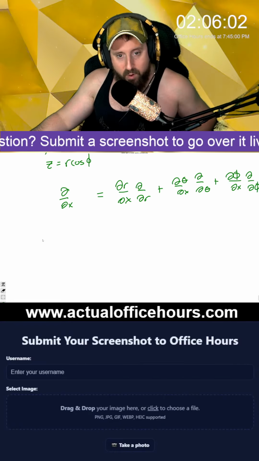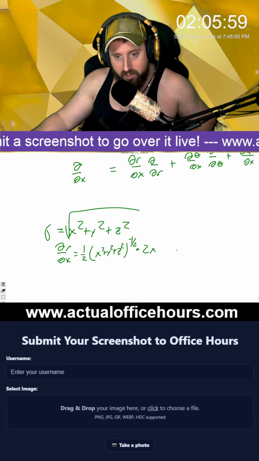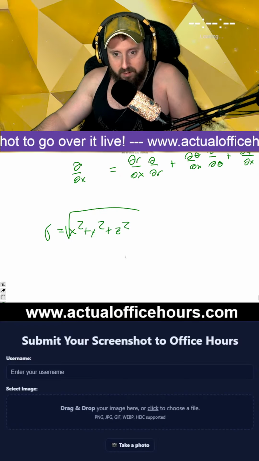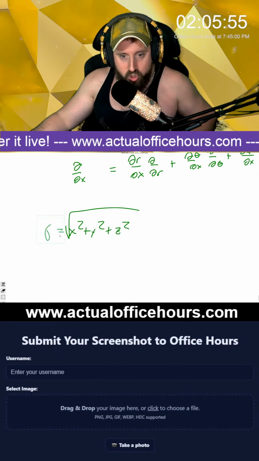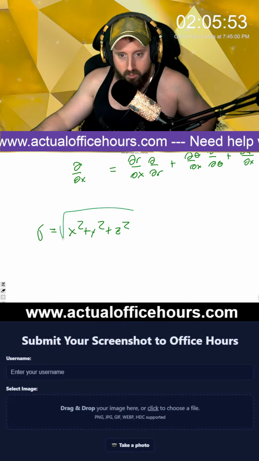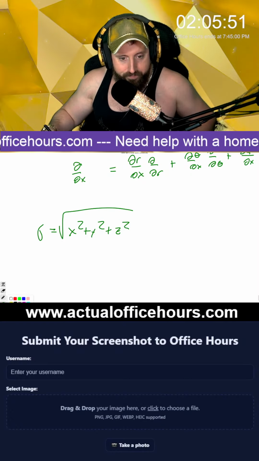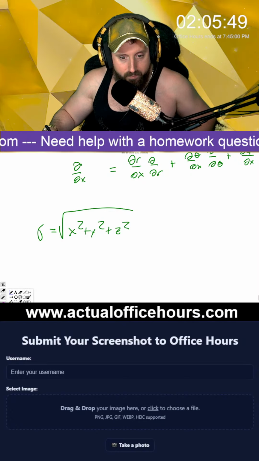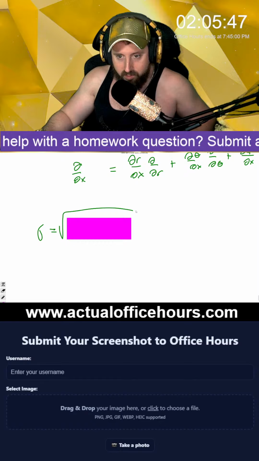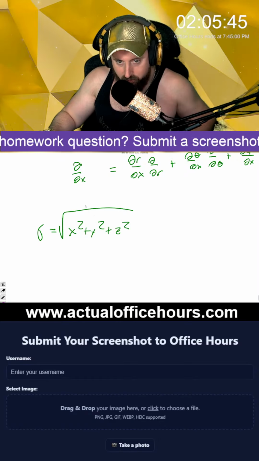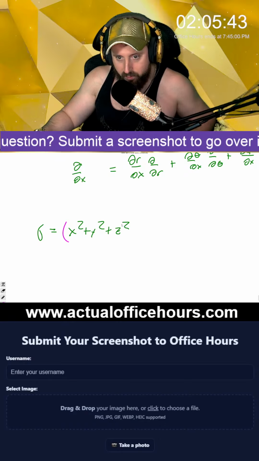The y and the z are constant since we're differentiating with respect to x. The issue is that this is a chain rule, whereby this whole thing is to the 1/2. The square roots look weird, so let's just do it this way.